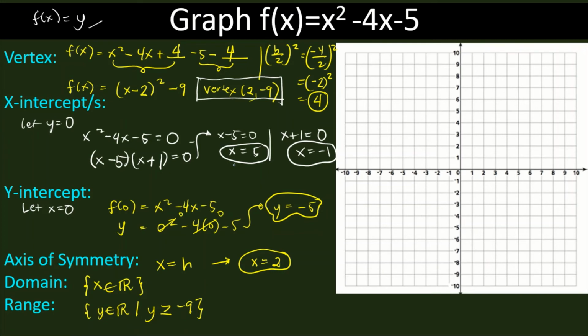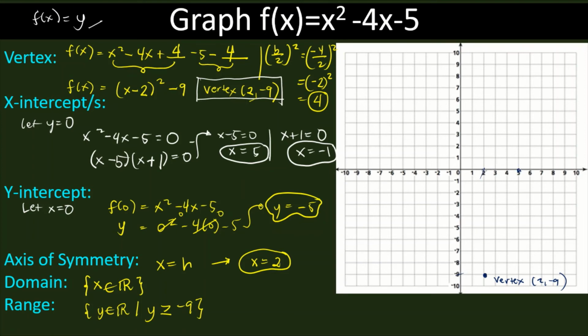This time, let us graph this function starting with the vertex 2, negative 9. So this is 2 sa x-axis and this is negative 9 sa y-axis. So this is our vertex. Then after the vertex, the x-intercepts, let us look for 5 and negative 1.